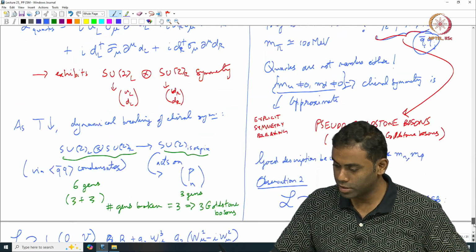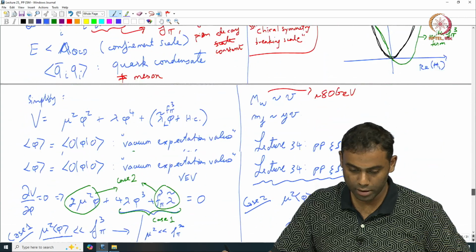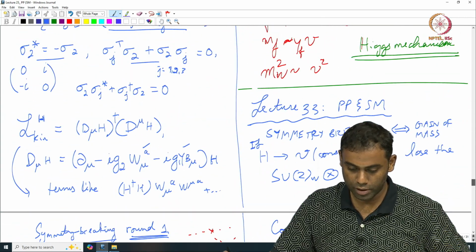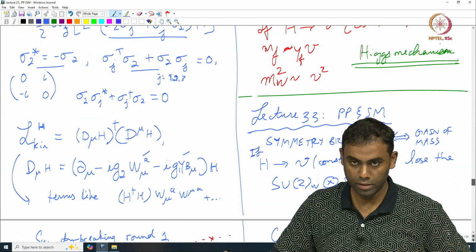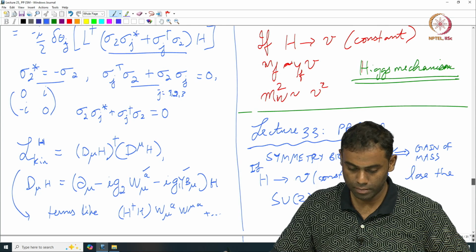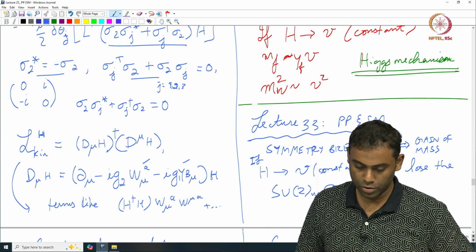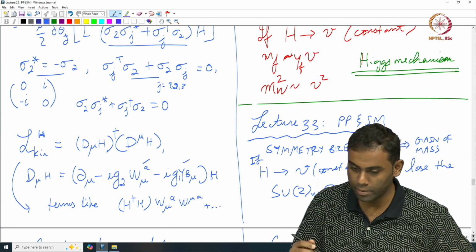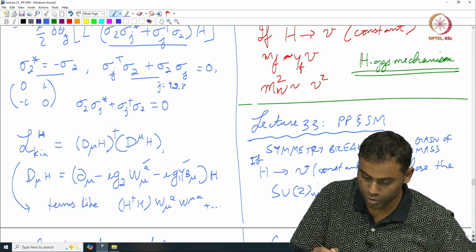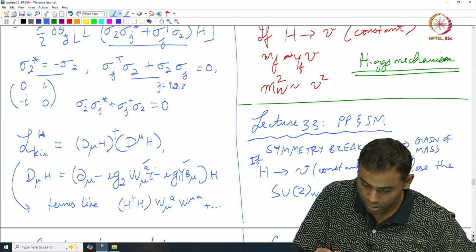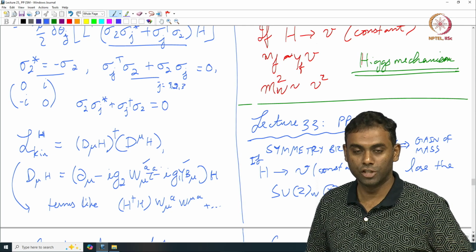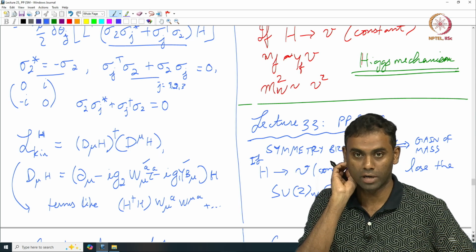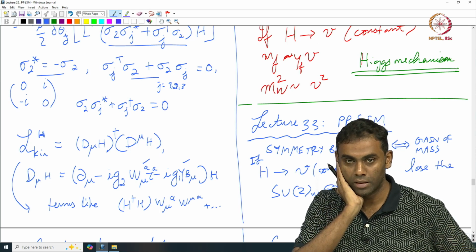Once again, let's go back here and make sure we are fine. Where did those things come from? I missed putting the generator here. The generator index has to be contracted, right? That's where that comes from.